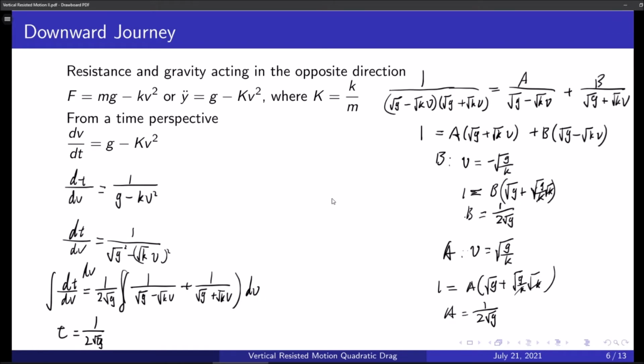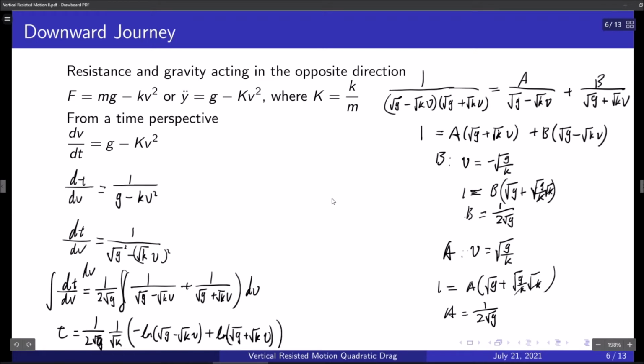We have to factor out a negative, we need to factor 1 out of k, so 1 over square root of k, and then we end up with negative log of square root of g minus square root of kv plus log of square root of g plus square root of kv.